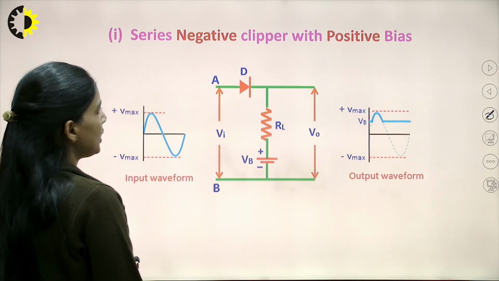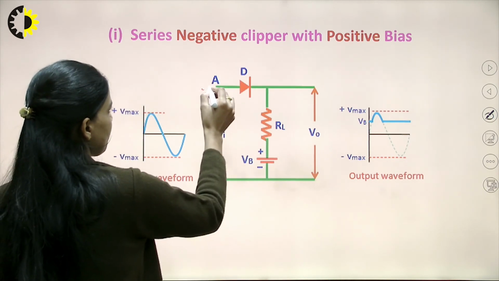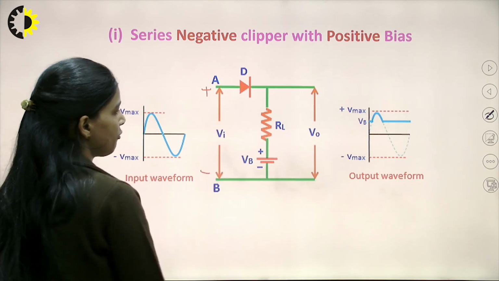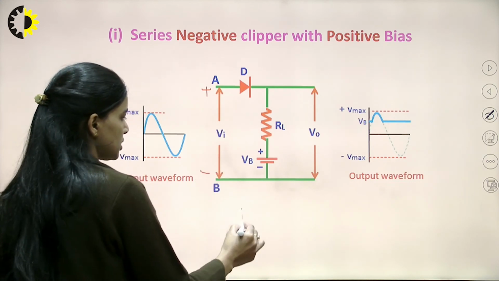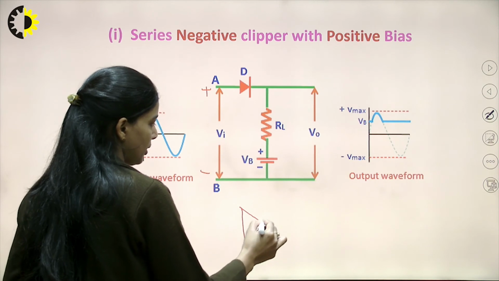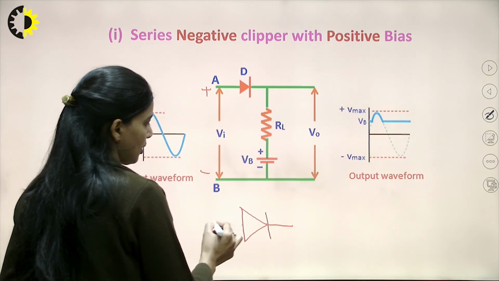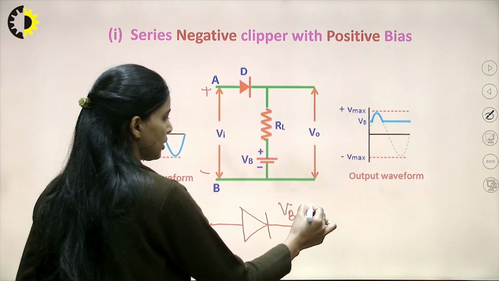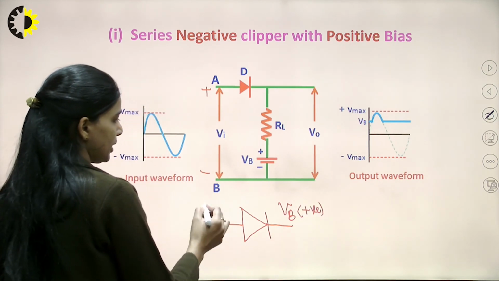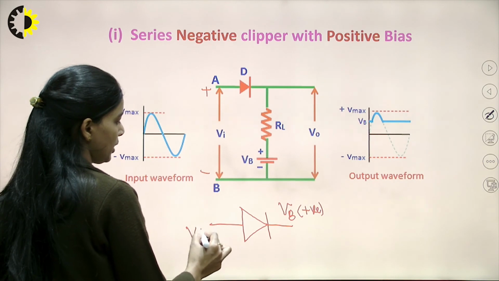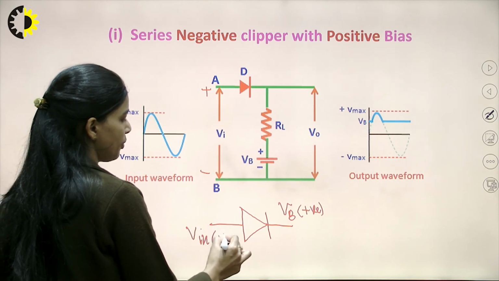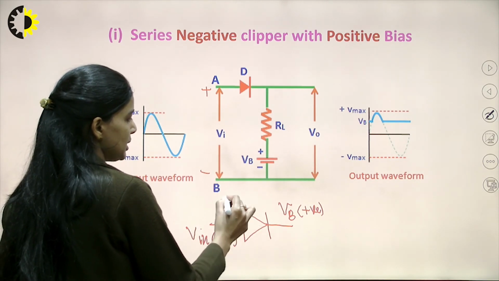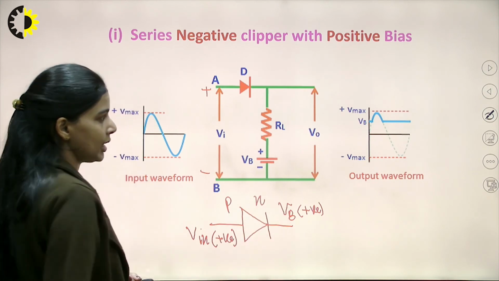So, how will it work? For the positive cycle, here we have positive voltage. How will this diode be working? On this side I have VB, that is positive, and at the input side we have input, that is also positive. This is the P side and this is the N side.